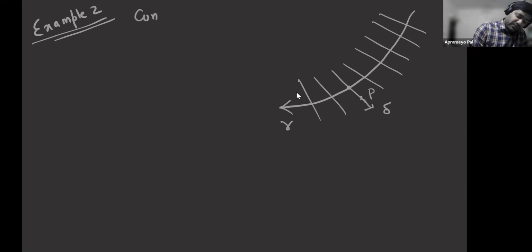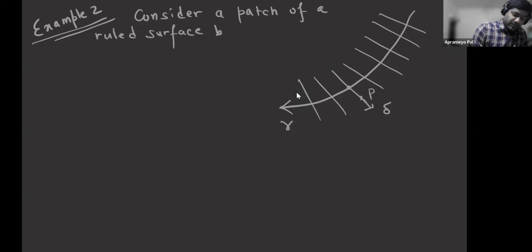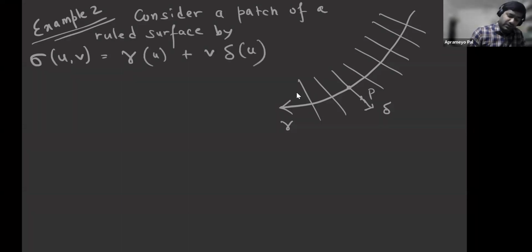So consider a surface patch of a ruled surface by sigma(u, v) given by gamma(u) plus v delta(u). Essentially, gamma(u) will be this point, and then delta is this direction, and v is some arbitrary number.